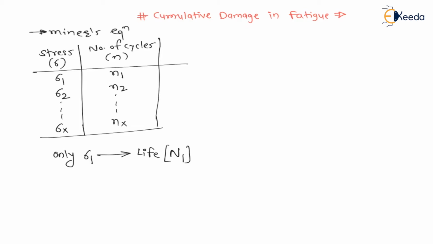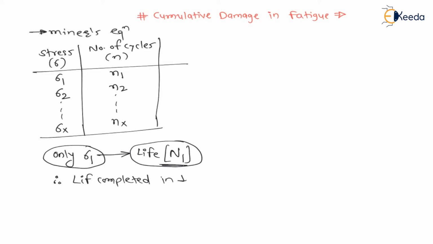If the component is subjected to only sigma 1 stress, then the component will fail after completing capital N1 cycles. Therefore, the life completed in one revolution or one cycle is 1 divided by capital N1.